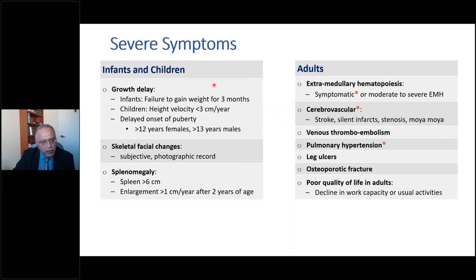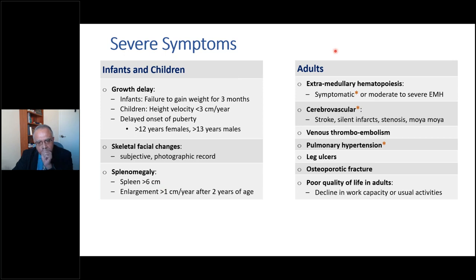So what are the severe symptoms we're talking about? And we'll return to these later on also. These differ between infants and children and in adults. In children, growth is the central feature. So any growth failure would be considered a severe symptom. There's also the issue of skeletal facial changes, and then splenomegaly, especially a large spleen or a rapid enlargement of the spleen.